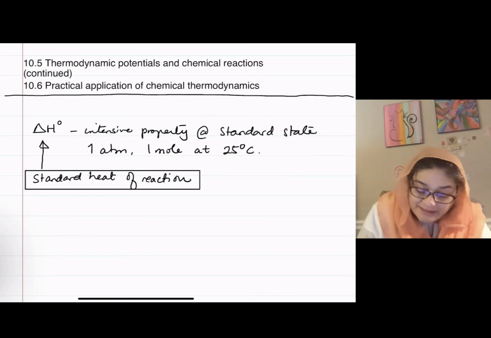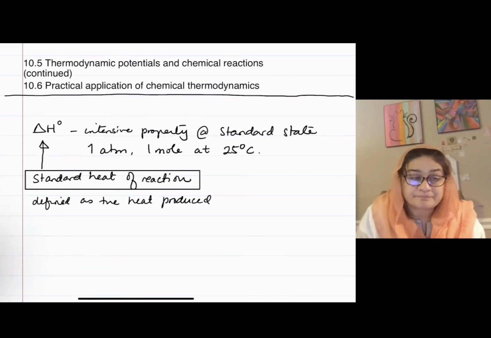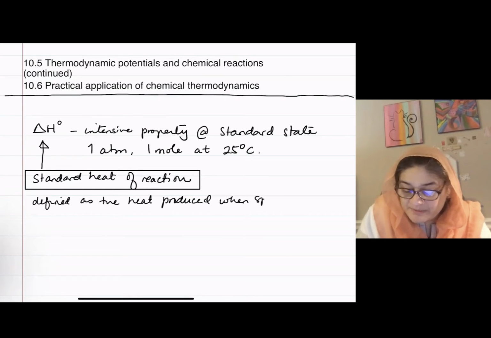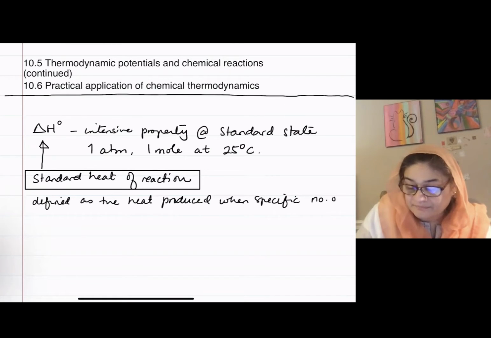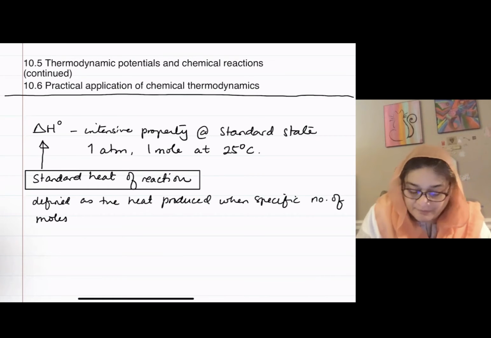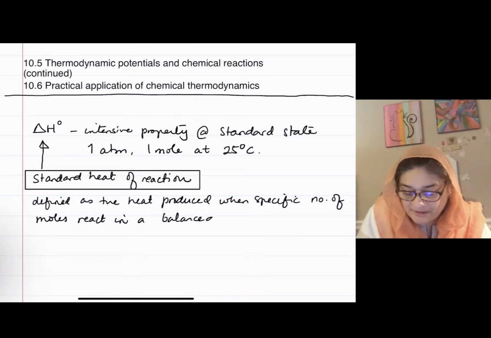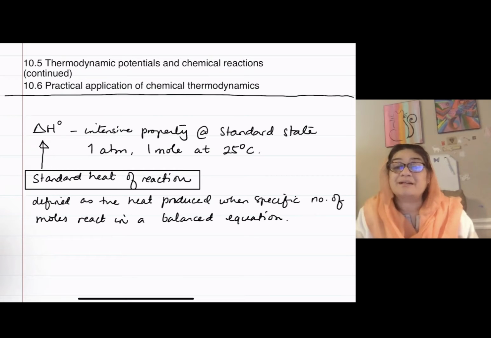And it is defined as the heat produced when a specific number of moles react in a balanced equation. So as always, make sure that when you get a question, it is actually balanced.